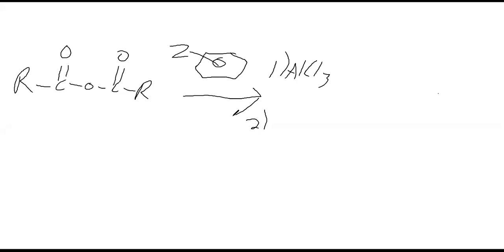So you can use aluminum trichloride, or you can use other acidic catalysts. We don't have to use aluminum trichloride. We could actually use, I think, polyphosphoric acid, and you would essentially form an acyl group onto there.